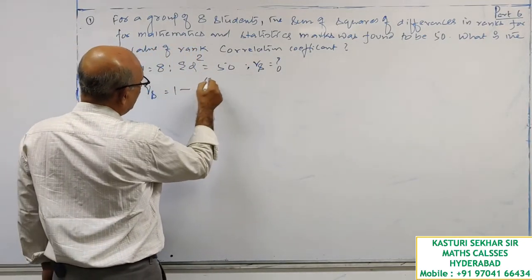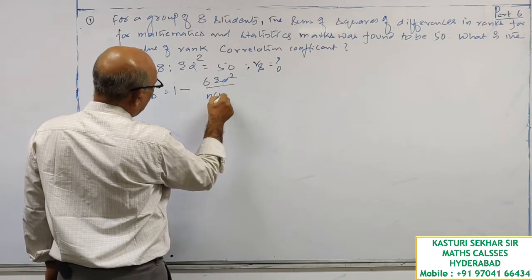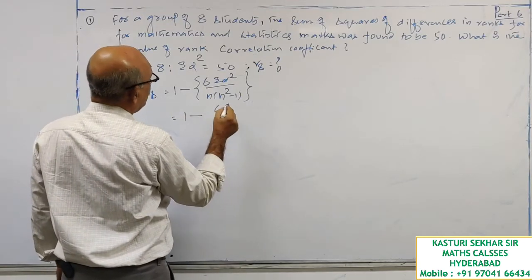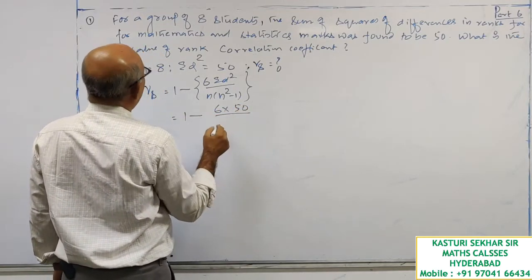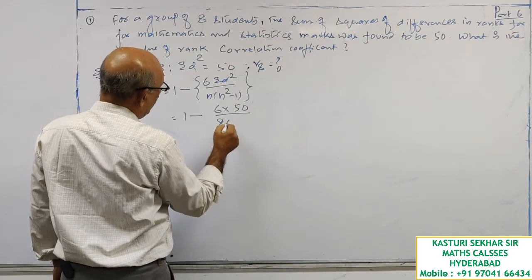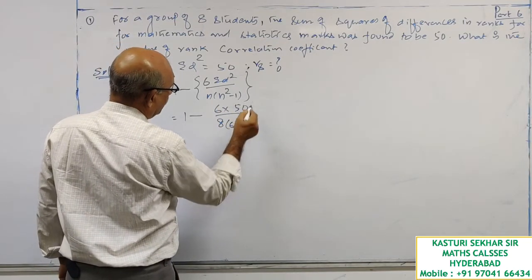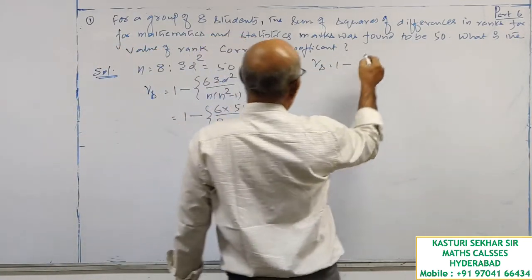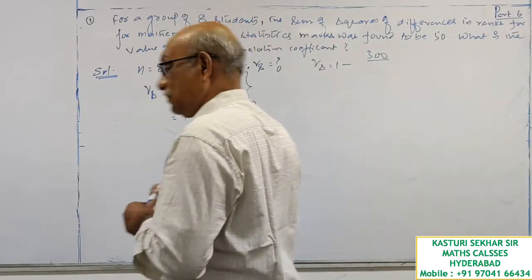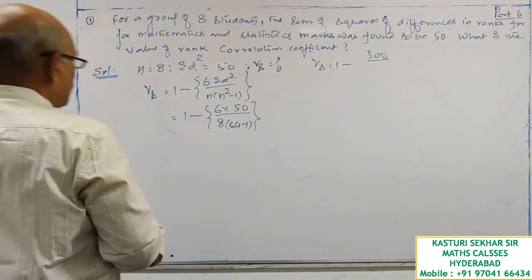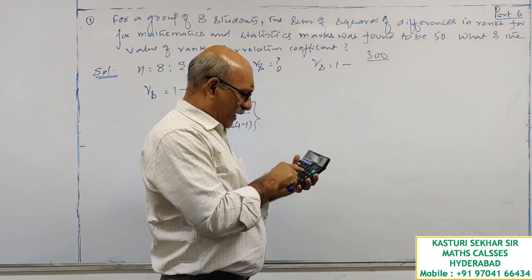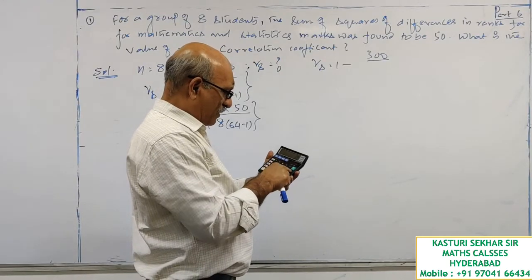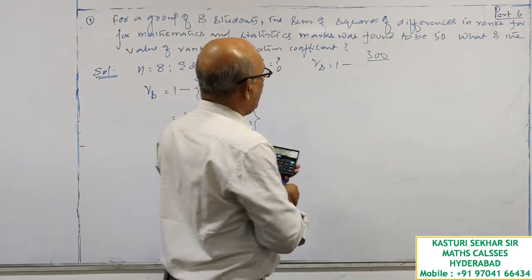Rs is equal to 1 minus 6 into summation of d square by n into n square minus 1. 1 minus 6 into d square total is 50 divided by n, 8 into n square 64 minus 1. So Rs is equal to 1 minus 300 divided by 8 into 63. 300 divided by 504 is equal to 0.595.